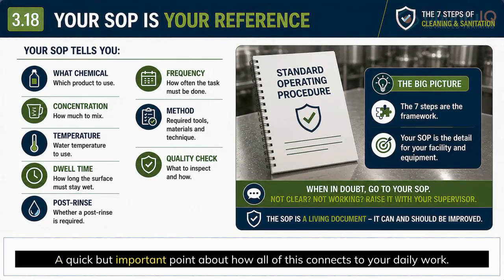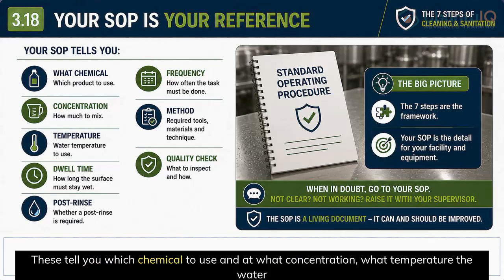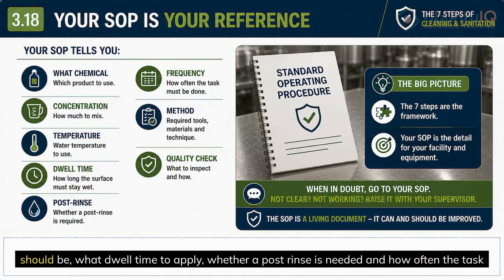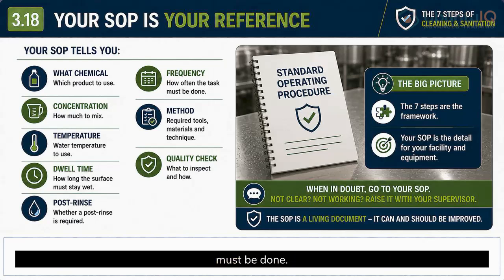A quick but important point about how all of this connects to your daily work. Every facility has its own standard operating procedures, SOPs, for each cleaning task. These tell you which chemical to use, and at what concentration, what temperature the water should be, what dwell time to apply, whether a post-rinse is needed, and how often the task must be done.